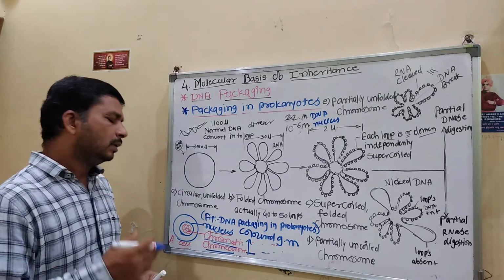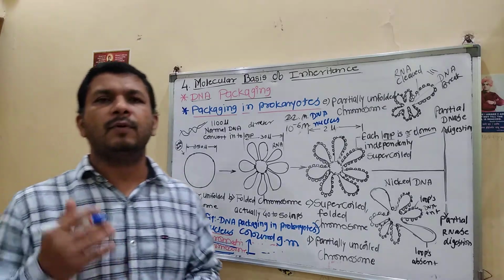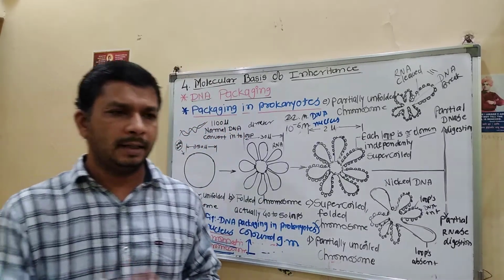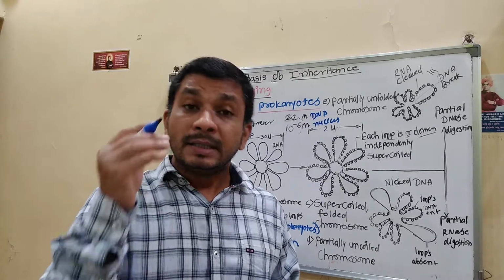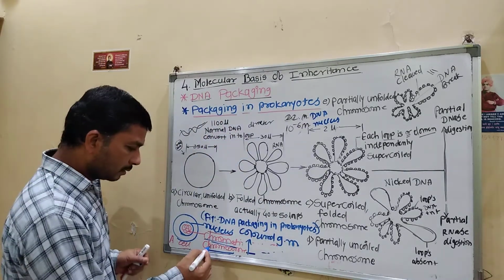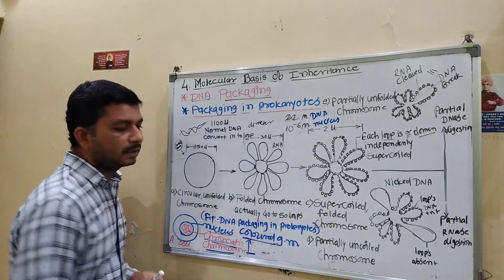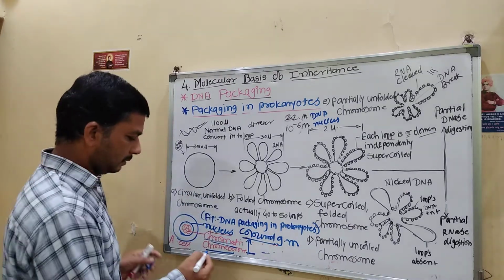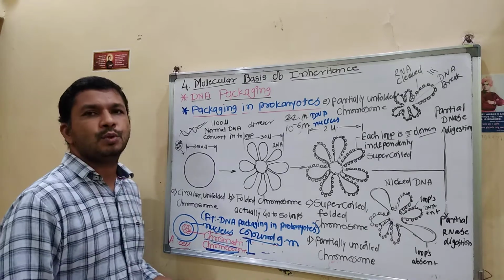They transfer genetic characters from generation to generation. And which characters? Eye color, hair color, skin color. These colors are present inside the genetic material in the form of chromosome.